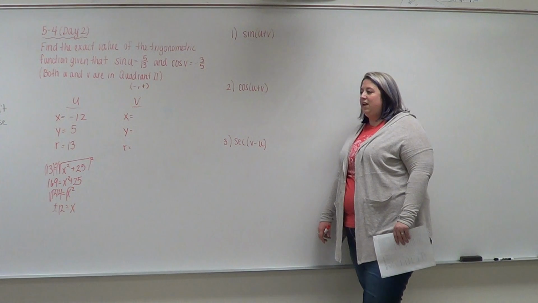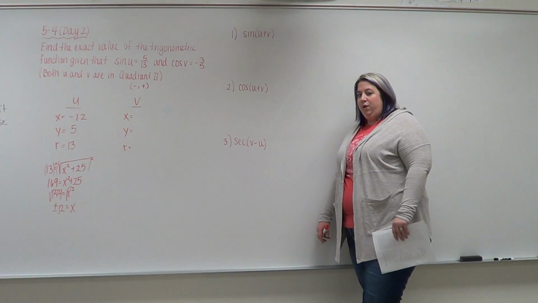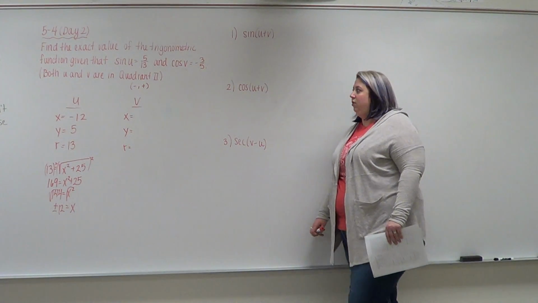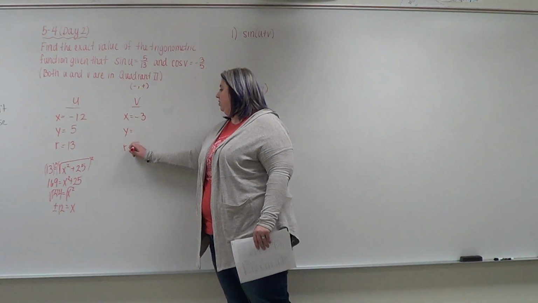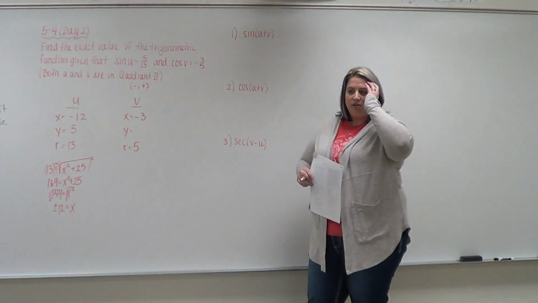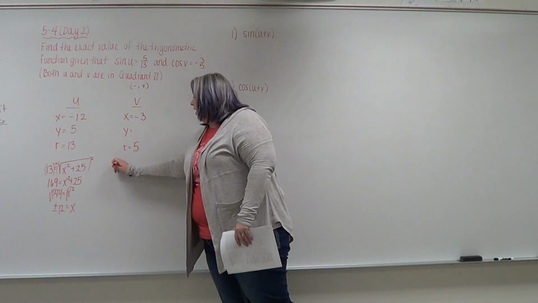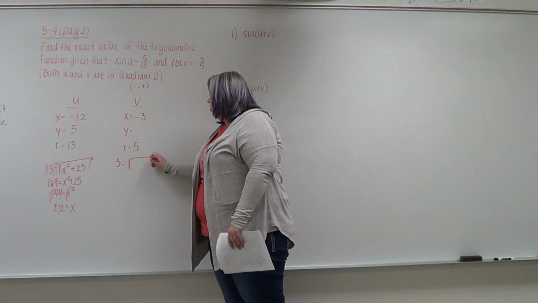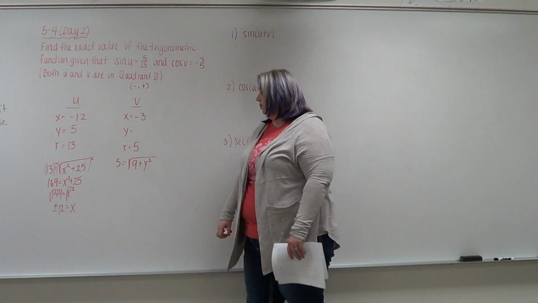Okay, then I know cosine V. Cosine is equal to X over R, correct? So X would be -3, and R is 5. R can never be negative, because R is your distance. Alright, so if I want to find Y, I'd have 5 equals the square root of 9 plus Y squared.